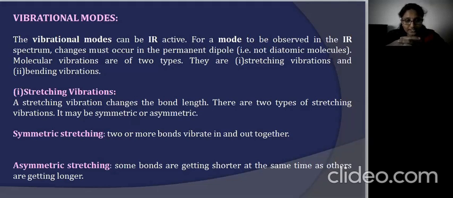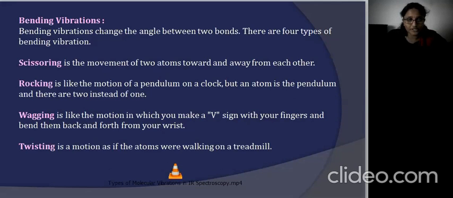You can see the stretching of all the bonds, and also at the bottom you can see the bending of the atoms. I'll show you the video so that you can understand the stretching and bending of molecules taking place in complex molecules. But before that, I'll explain what the types of bending vibrations are. After that we'll see the video of molecular vibrations.